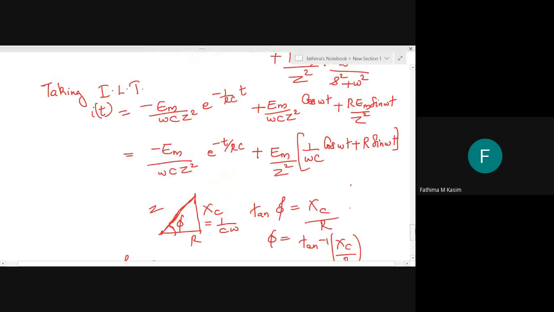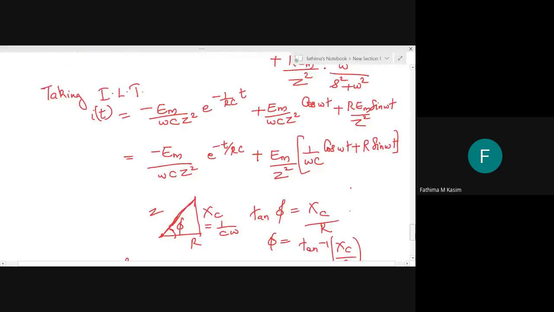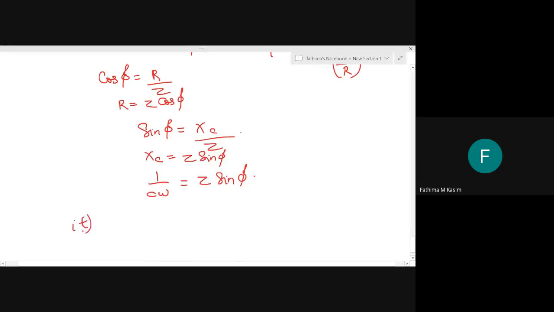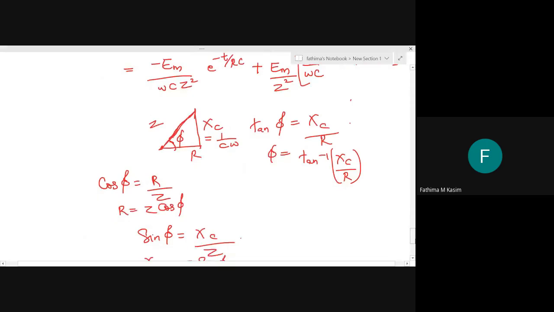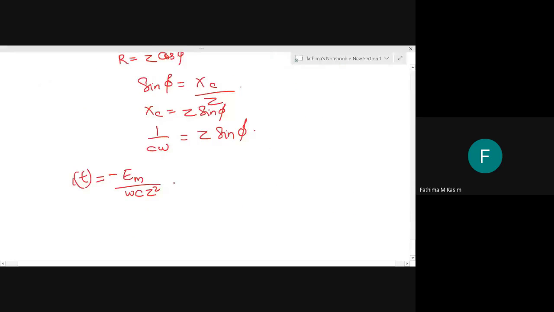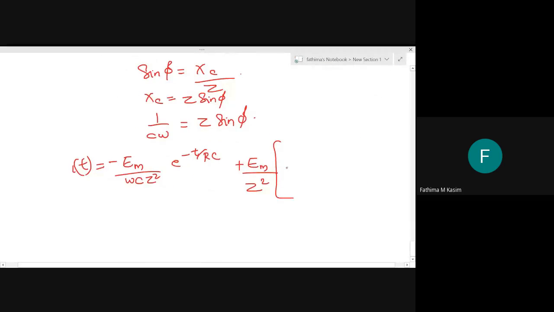So in the above expression I of t, instead of 1 by omega c and R, I can substitute: instead of 1 by omega c, I can substitute Z sin phi, and instead of R, I can substitute Z cos phi. So we are rewriting this equation I of t. So I of t is equal to minus Em by omega c Z square e raised to minus t by rc plus Em by Z square into 1 by omega c, which is Z sin phi.